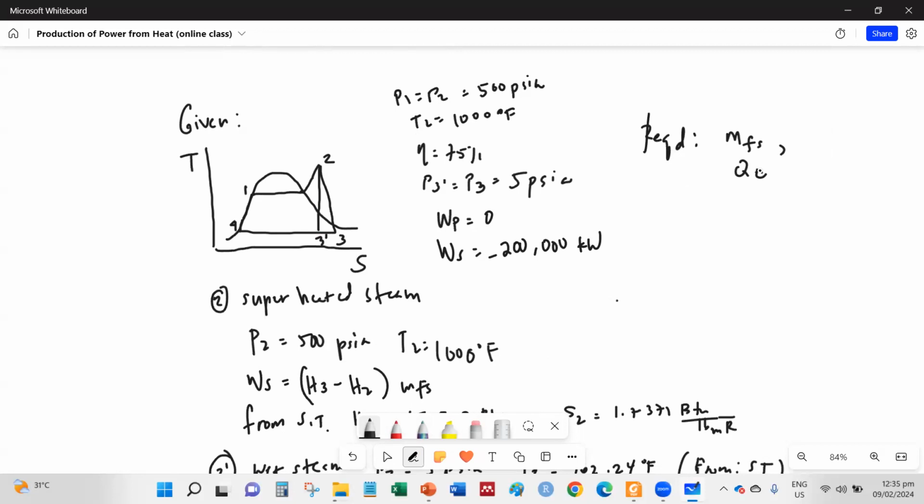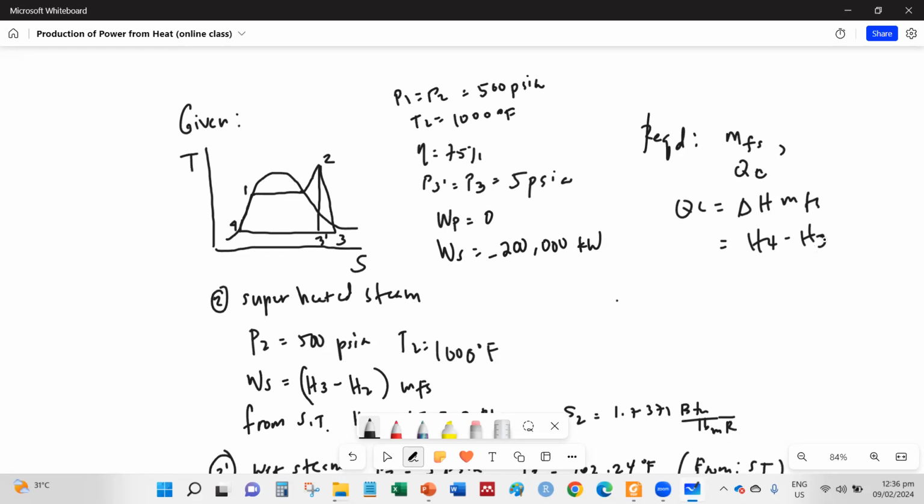Okay? Heat released in the condenser, and the equation for that is, diba, QC is delta H times the mass of the flowing stream. And this is H4 minus H3.